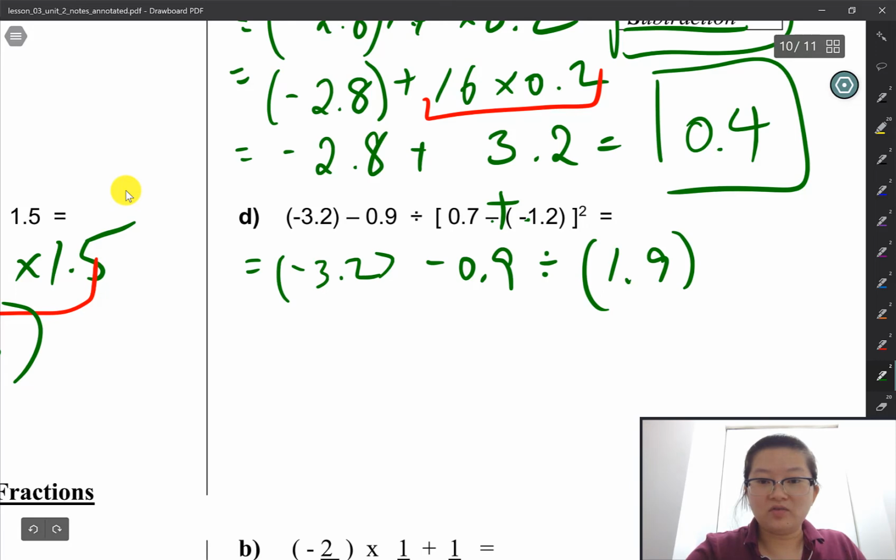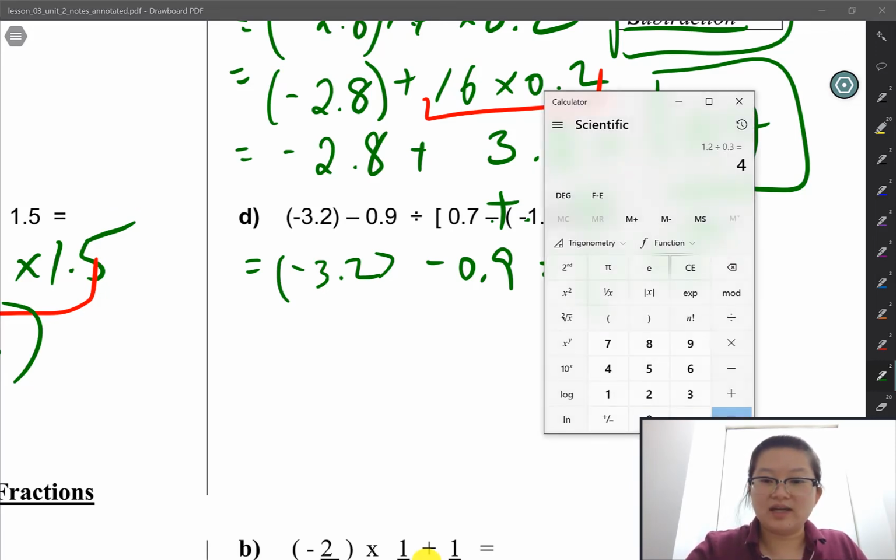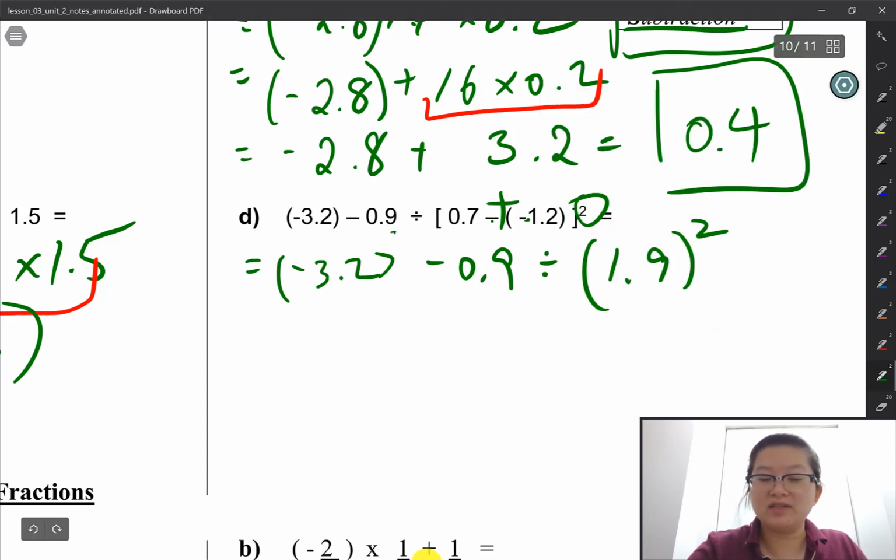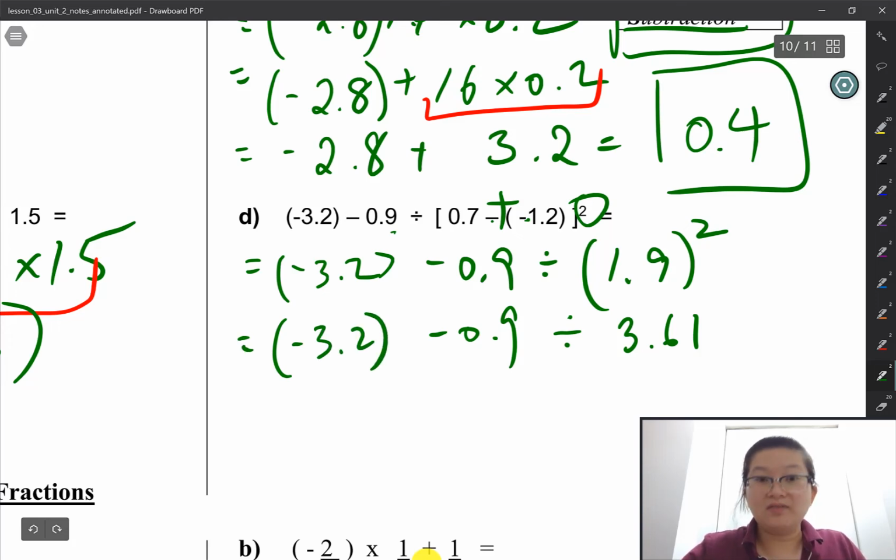The whole thing, don't forget, is squared. And that's exactly what I got to do next. So 1.9 squared is going to give me 3.61. Write everything in before doing the next step here. I have a division. I have to divide 0.9 by 3.61.